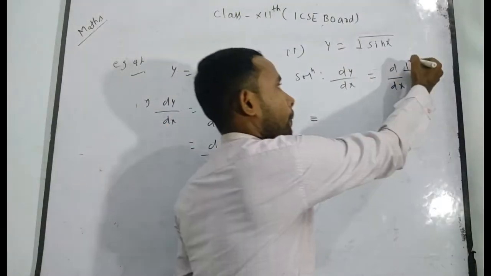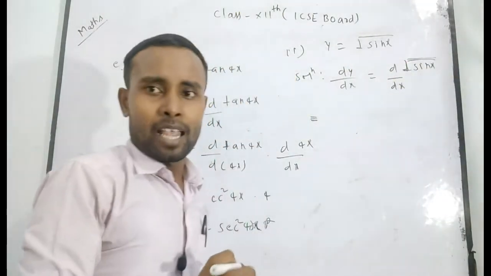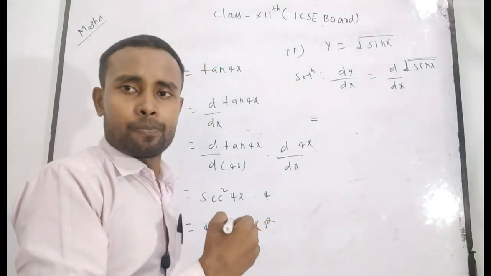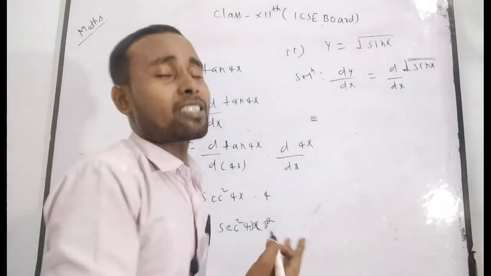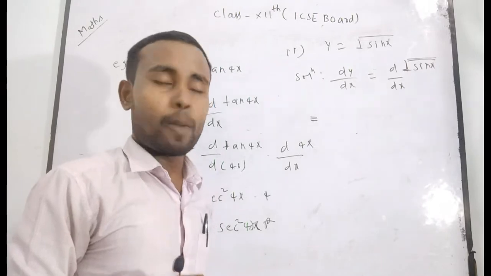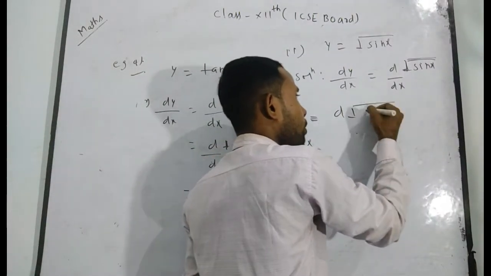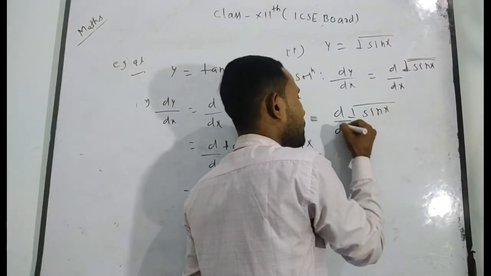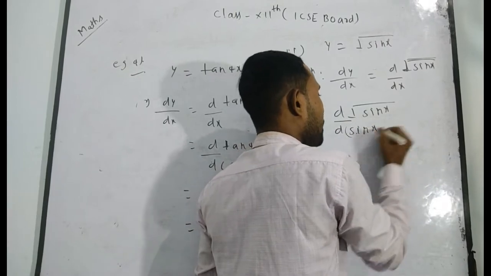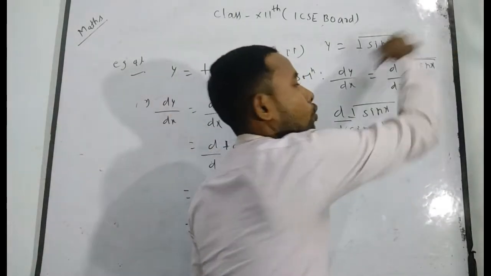Because this is a root, in root x form, and root x is differentiated only with respect to x. So first of all, you have to differentiate root under sin x with respect to sin x. Suppose sin x is equal to p.